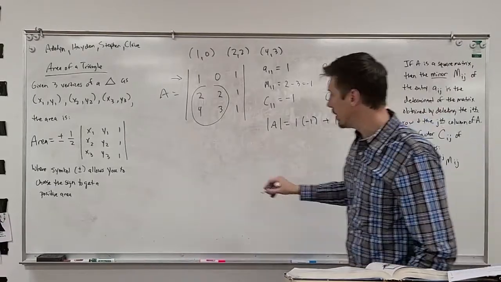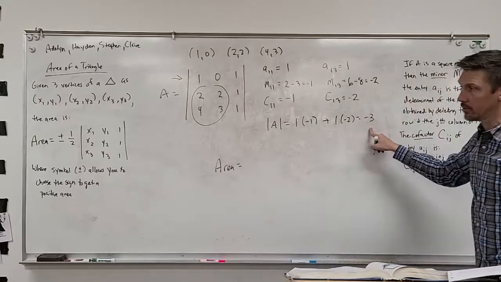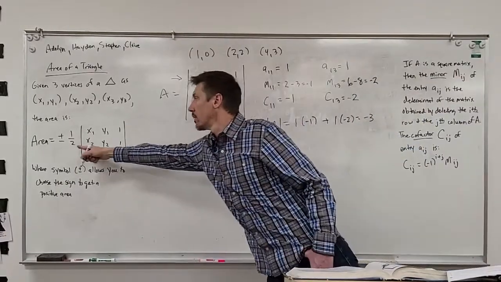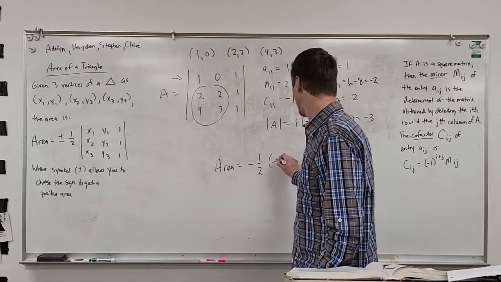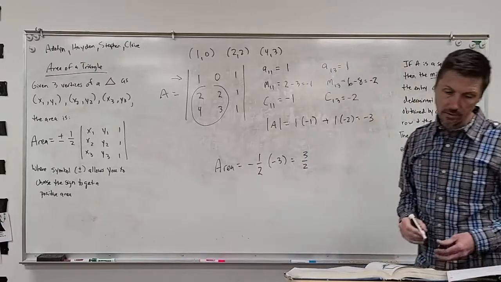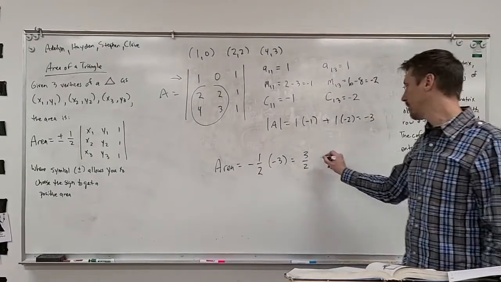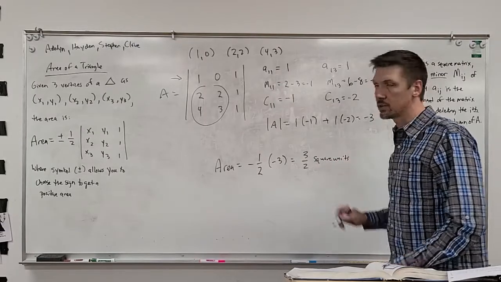And so then the area of our triangle, since we got a negative determinant, we're going to pick a negative sign in the front here, so that our final answer is positive. So -1/2 times -3 tells us that our area is going to be 3/2. 3/2 square units, since they didn't give us any units to start with.